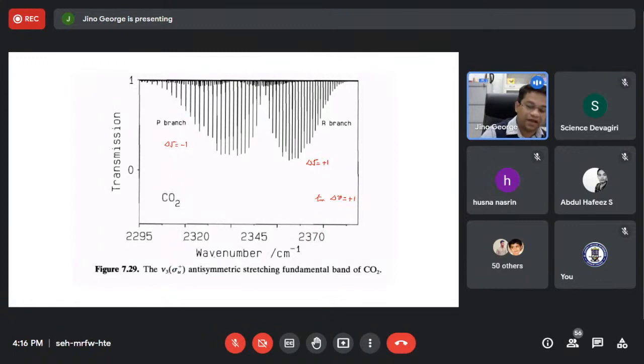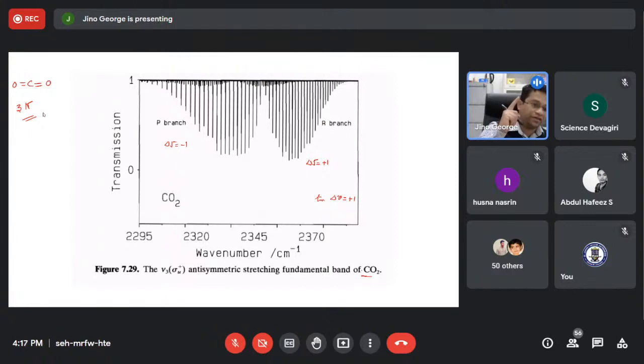So this is again the fundamental stretching band of carbon dioxide. Carbon dioxide, you know the molecule, C double bond O. It has 3 atoms, so n is equal to 3. You know how many degrees of freedom they have. 3 atoms will have 3 into 3 degrees of freedom. 1 atom will have x, y, and z, right?